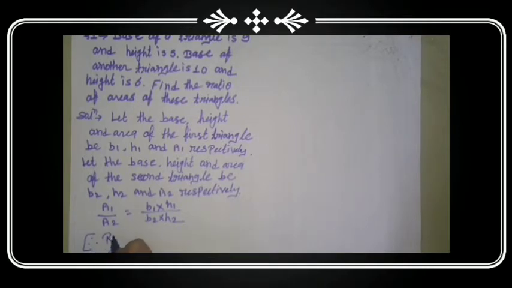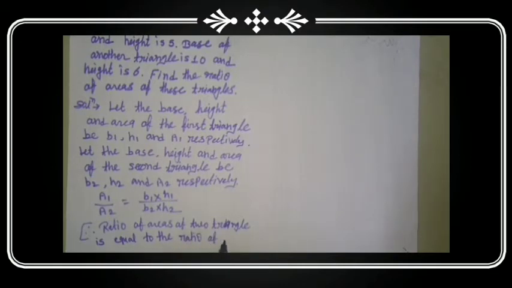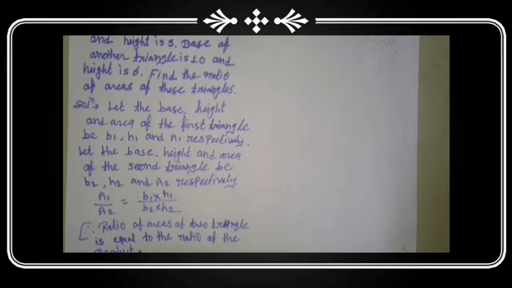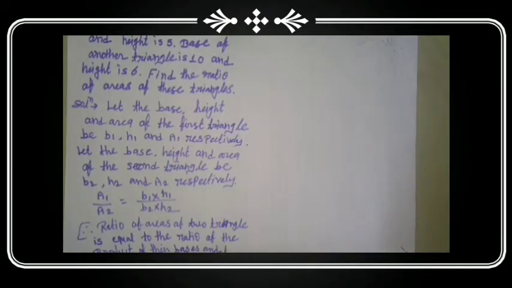Reason: the ratio of areas of two triangles is equal to the ratio of the product of their bases and corresponding heights.